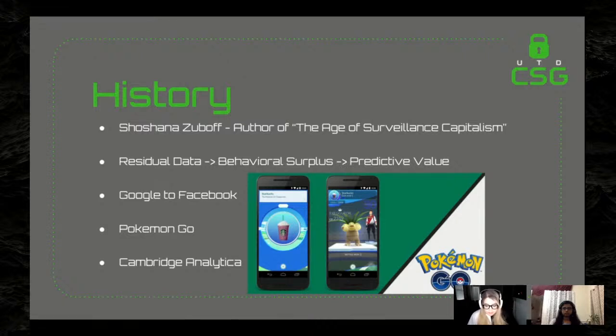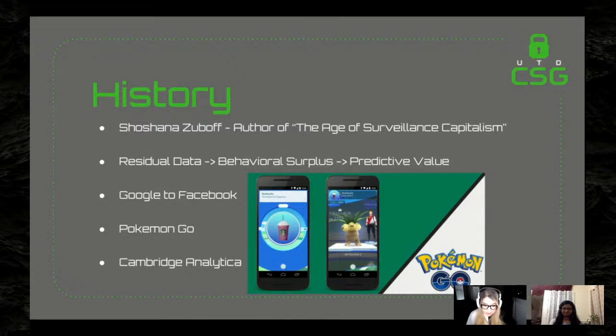So this all developed from residual data, or what they used to call data exhaust. So Google, when they came about in their late 90s, early noughts, whenever they came about, because I didn't look that up, they had this residual data.